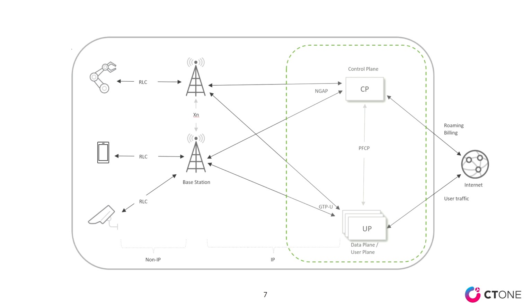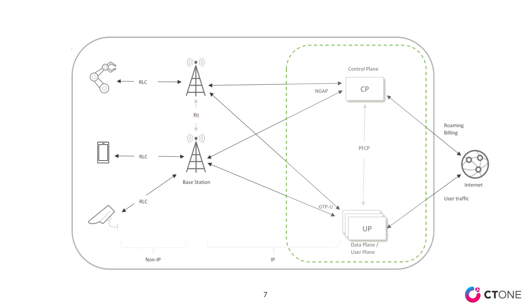But when we use our device to browse the internet or use data services, those data packets will be forwarded to user plane. So the control signaling is here, the data packets go this way. One thing to remember is that for control plane, the protocol is NGAP, the next generation application protocol.